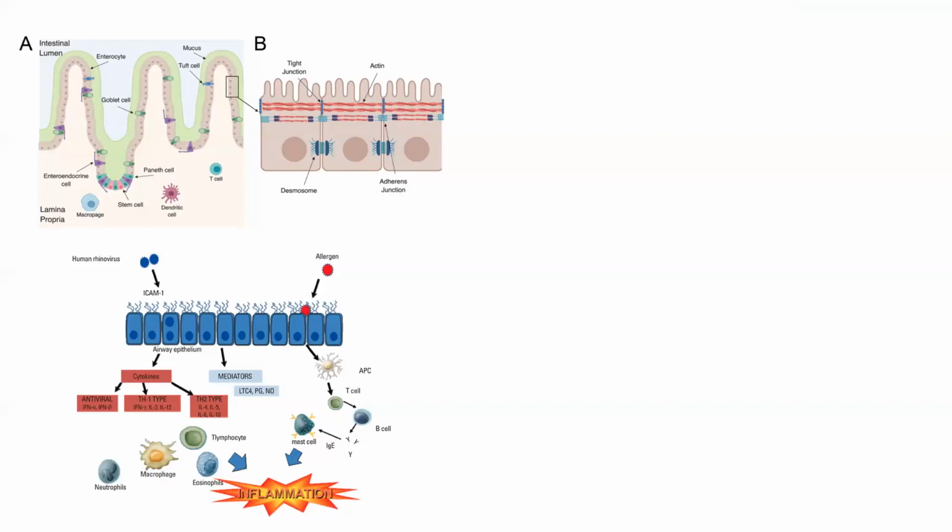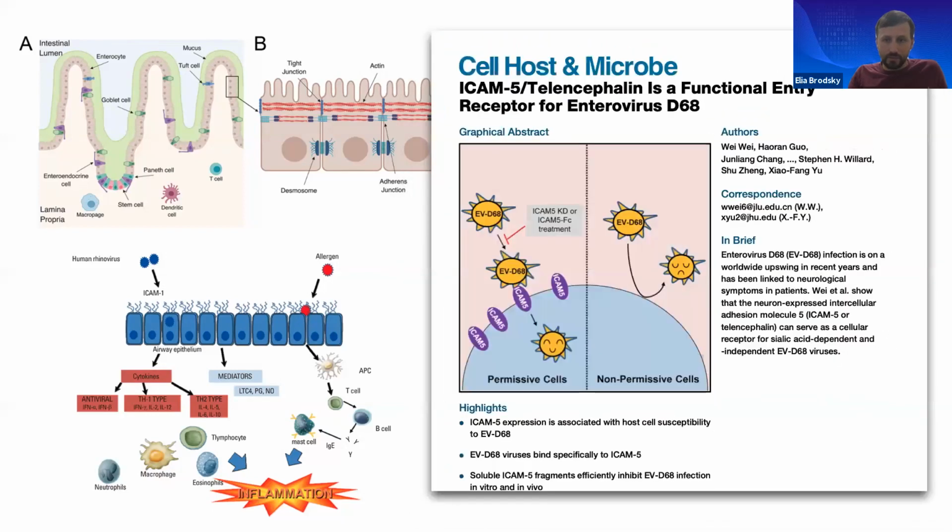So ICAM5 is highly expressed in mammalian telencephalon of the central nervous system, whereas other ICAMs are abundant in lymphocytes, ICAM1 and ICAM3, endothelial cells, ICAM1 and ICAM2, epithelial cells, ICAM1, and erythrocytes, ICAM4.